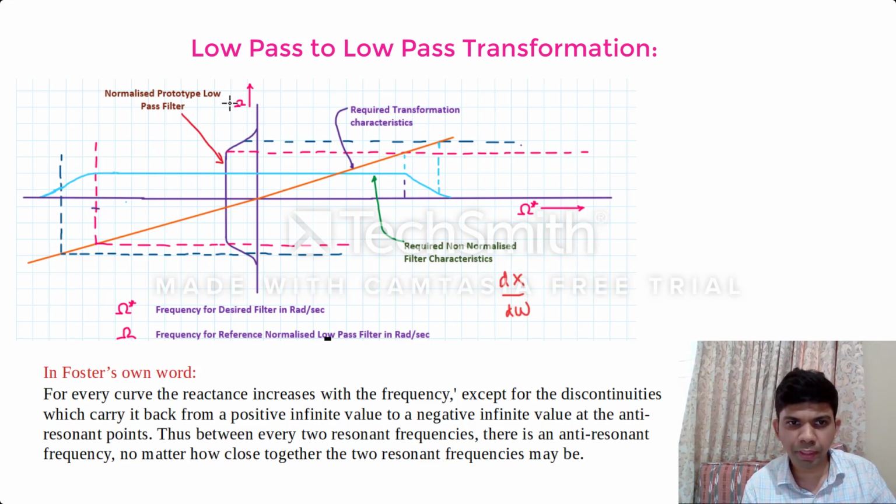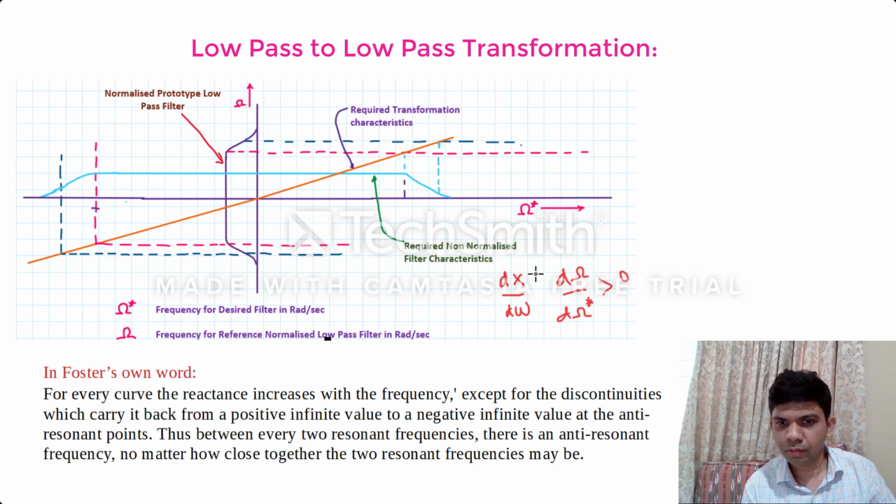Now we have replaced this X with the frequency variable of the prototype normalized filter, and we have replaced omega with omega star. So I can write down the same condition as d omega by d omega star must be greater than 0, always positive at each point of the characteristics for the characteristics to be realizable.